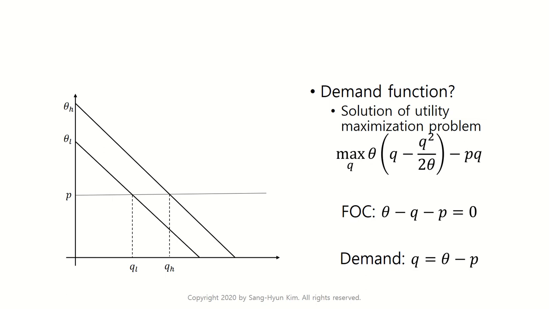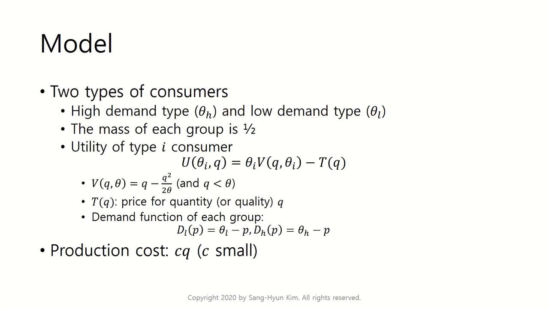You maximize the utility function, which is given by theta times Q minus Q squared over 2 theta, minus P times Q. P times Q is just T of Q in the definition of the utility function. T of Q is the total price that the consumer must pay for quantity Q or quality Q.